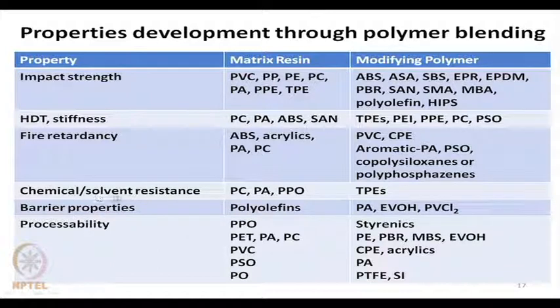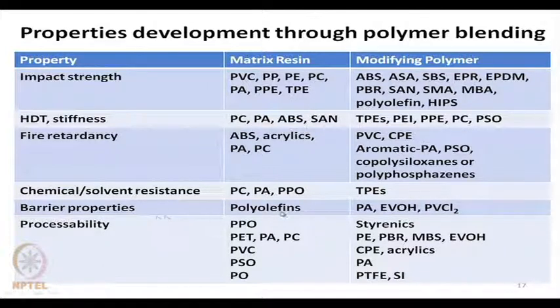Chemical and solvent resistance. Now, this chemical resistance or solvent resistance in a polymer can be improved by blending, say polycarbonate, polyamide, polyphenylene ethers. Their solvent resistance can be changed by mixing with thermoplastic elastomers.